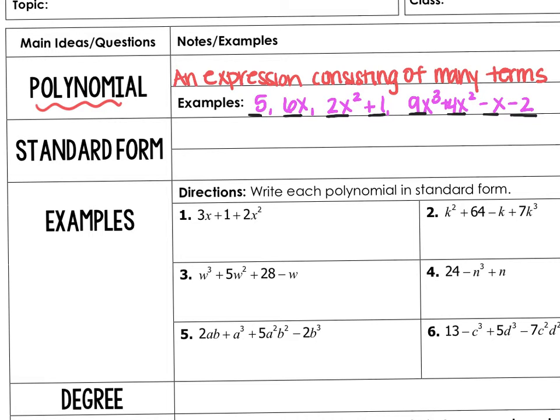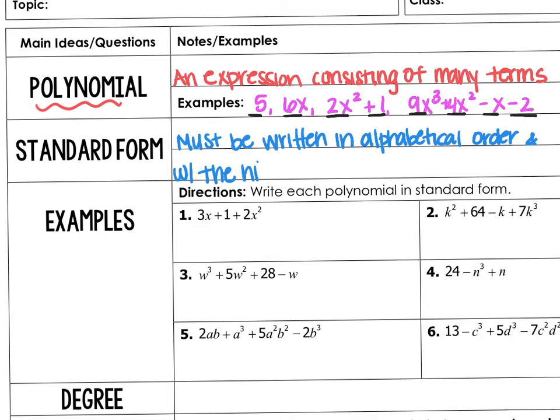For something to be written in standard form, it must be written in alphabetical order and with the highest, or maybe you think about that as the largest, exponent first.